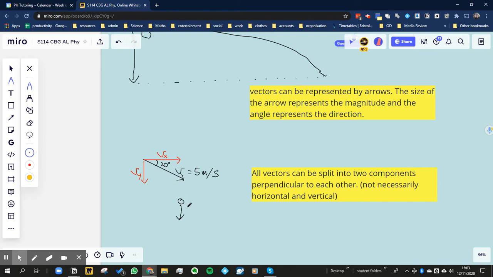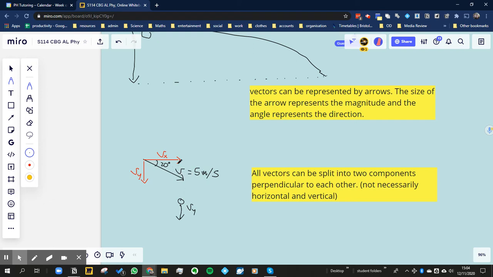The speed at which the ball appears to be falling to you would be Vy, the vertical component. That's what I mean by the vertical component: the speed at which it's falling. Although it's actually going along a diagonal line at 20 degrees to the horizontal, it's true to say that it is both moving along and falling at the same time, the result being that it does this.